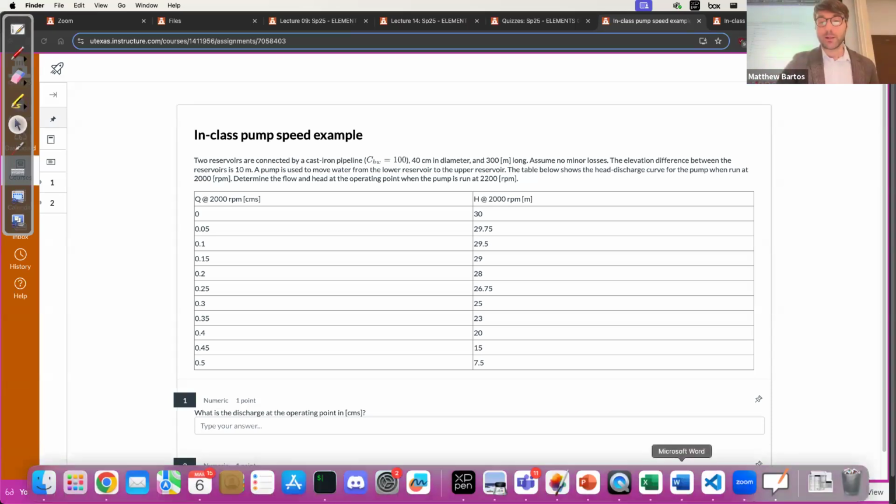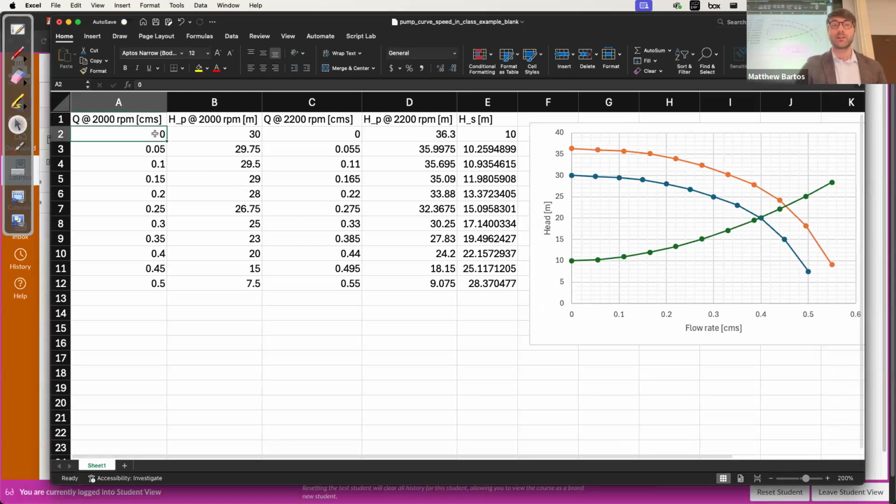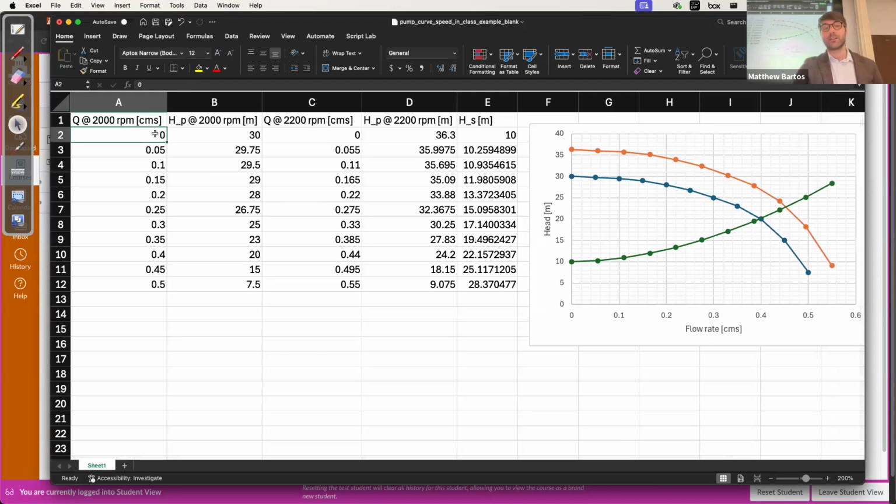So first, talking about the pump speed, we did an in-class example where we had a pump operating at 2000 RPM. We had the original pump curve for the pump operating at 2000 RPM. We were able to scale the discharge and the pump head by using our affinity laws.